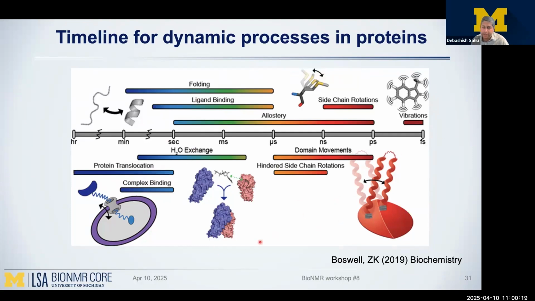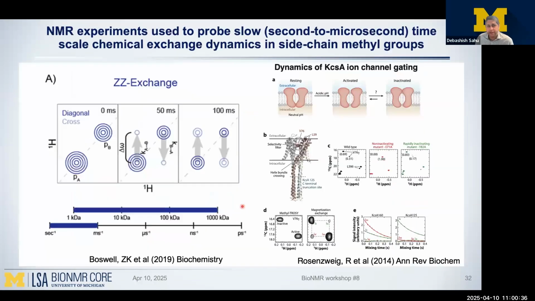Proteins are involved in a huge range of interactions, macromolecular interaction, as well as vibration, as well as different things, right? And huge proteins lie in this range over here, and we can actually use these methyl assignments to probe these kinds of interactions.